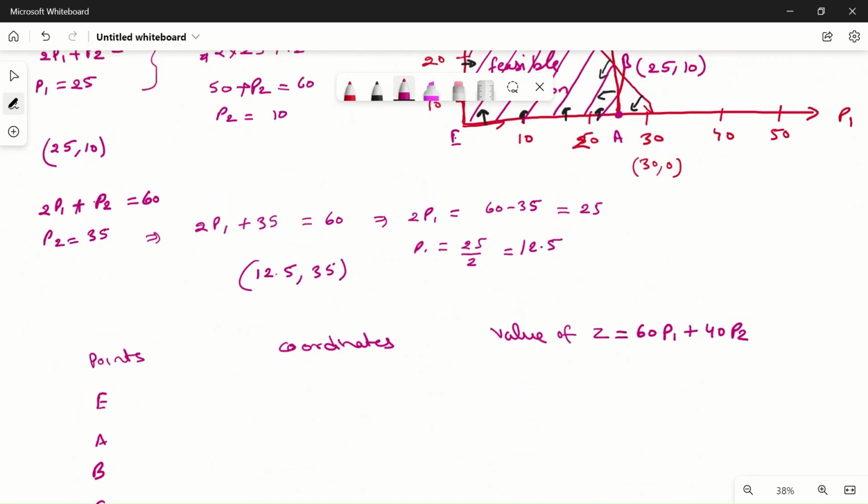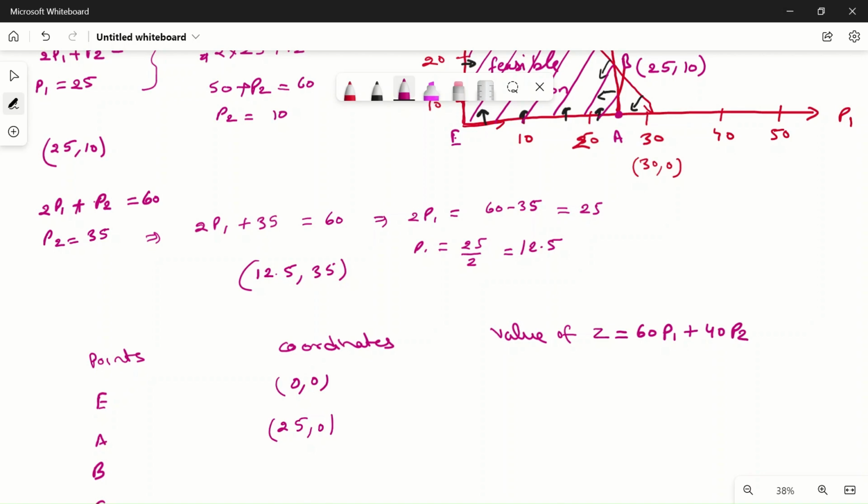What are the coordinates? Point O is 0, 0. Point A is 25, 0.